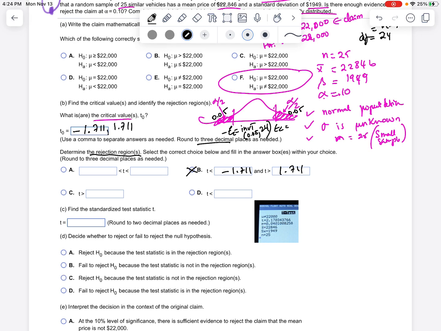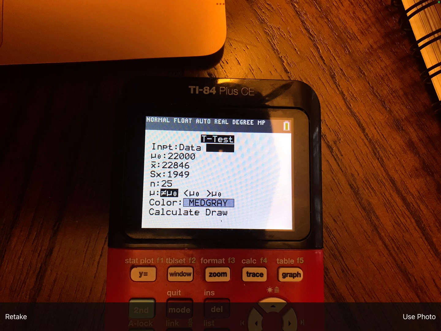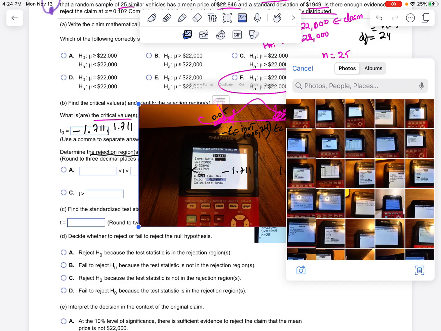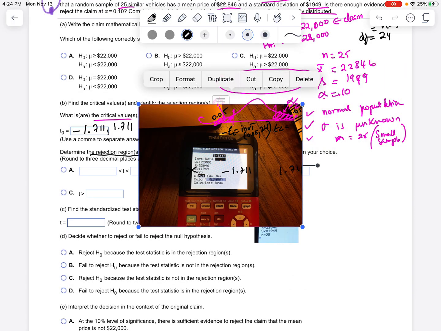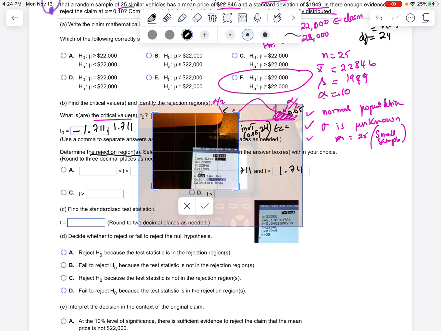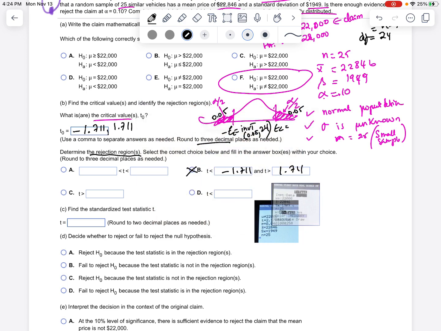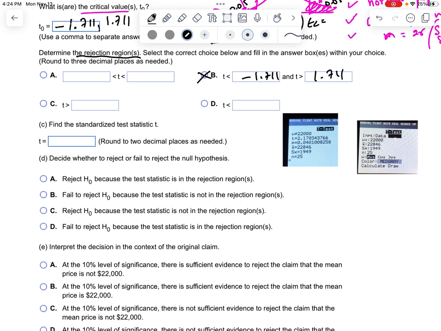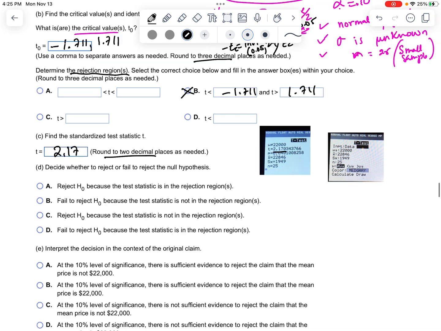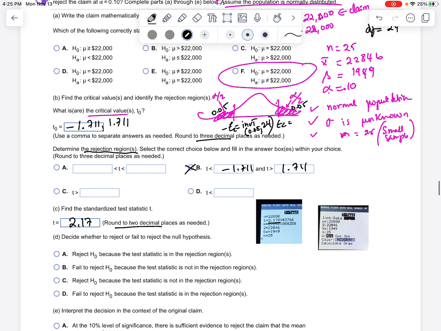I'm going to go to the setup. Here we go. So t is 2.17.